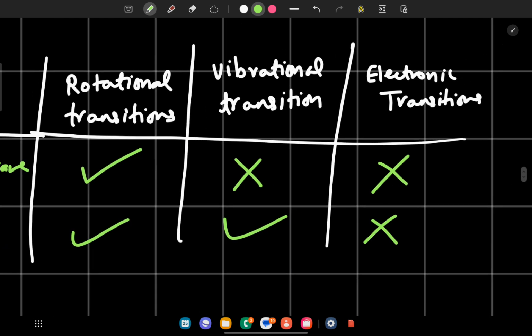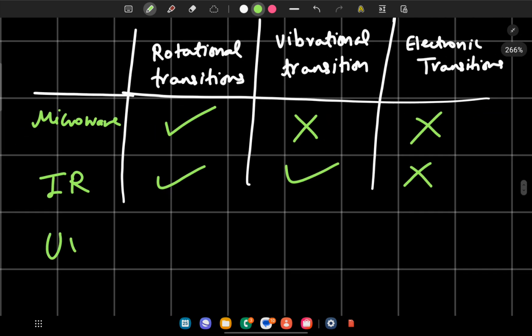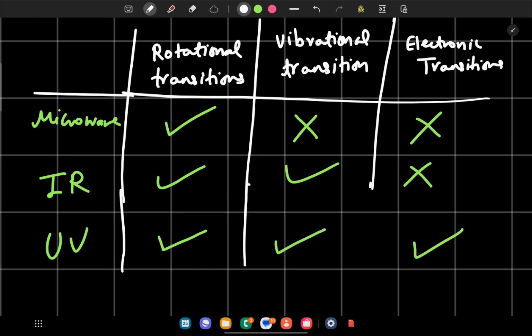So electronic transitions will not be observed in this case. But if we use ultraviolet radiation, since the energy is sufficient to carry out all three transitions, UV rays can be used to carry out rotational transitions, vibrational transitions, as well as electronic transitions. And this is very important.